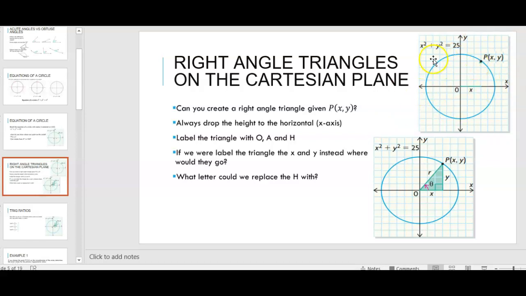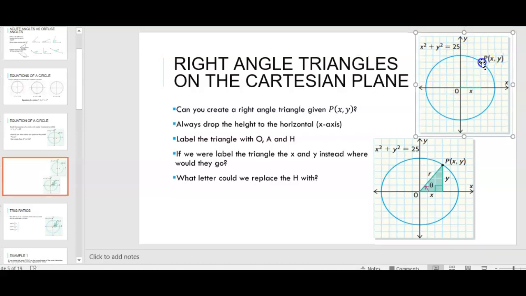Okay, so as we have refreshed this now, let's look at this first diagram here where we have the circle x squared plus y squared equals 25, so the radius is 5, and we're choosing a point P on this circle.